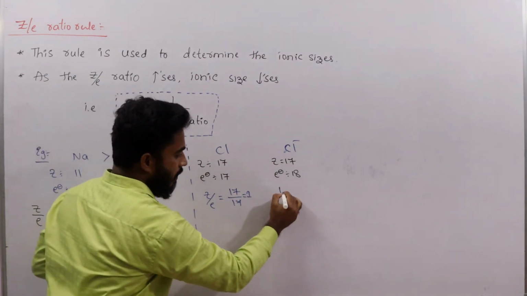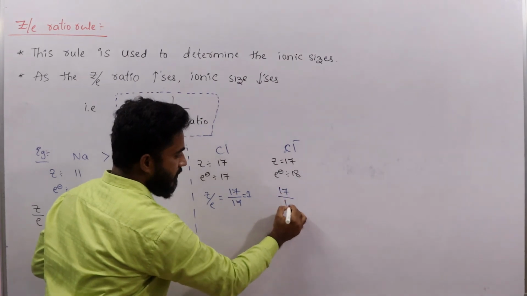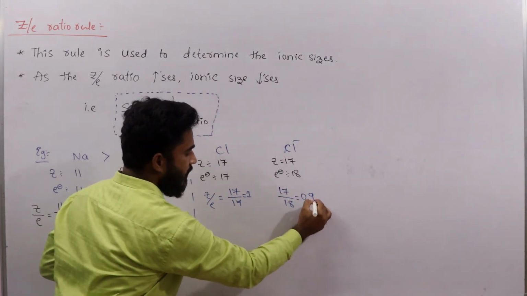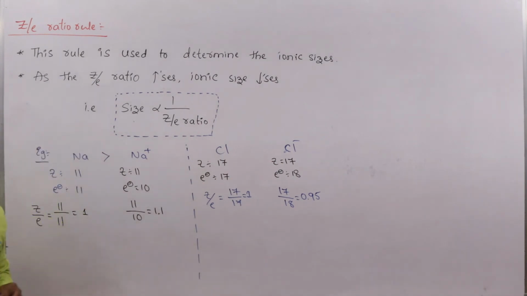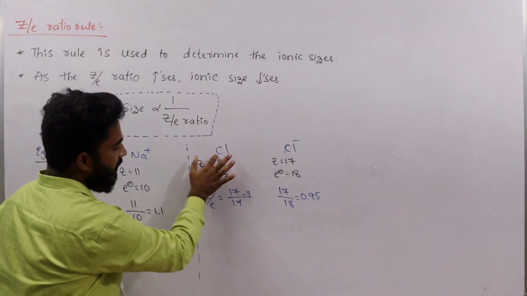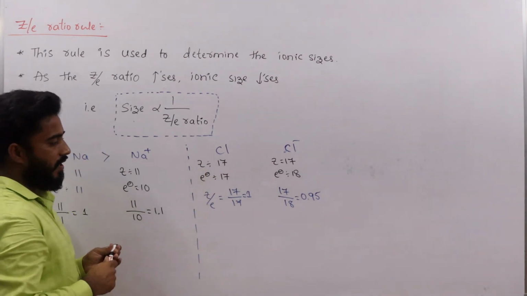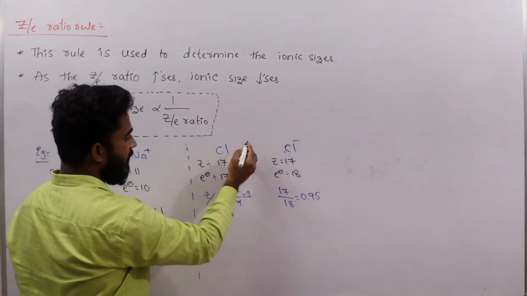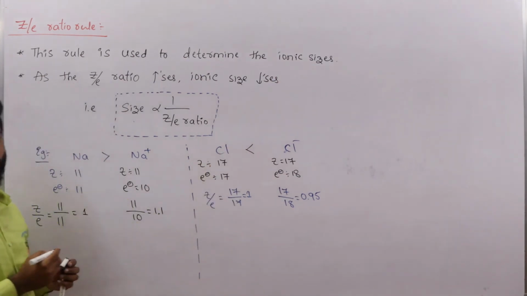Here Z is 17, number of electrons 18, so that is equal to 0.95. So which one has more Z by E ratio? Cl with more Z by E ratio. Let's say more Z by E ratio means lesser in size.